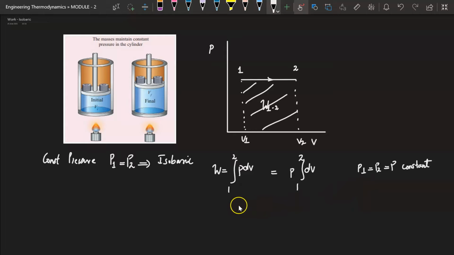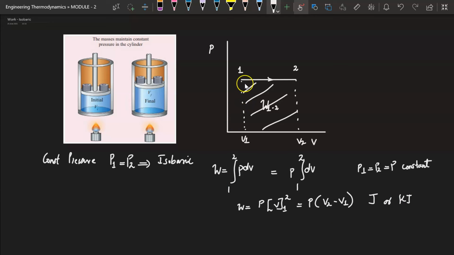Therefore, I can write this equation as W is equal to, what is 1 to 2 dV? It is the range from 1 to 2, that can be written as V2 minus V1. So during the isobaric process, the work done is equal to the constant pressure P into V2 minus V1, and the unit can be joule or kilojoule here.